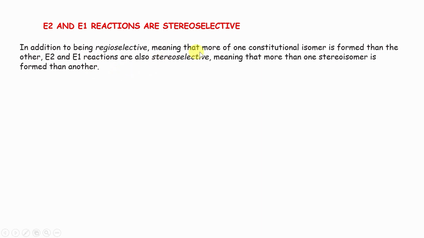Regioselective means that more of one constitutional isomer is formed than the other. E2 and E1 reactions are also stereoselective, meaning that more of one stereoisomer is formed than another.